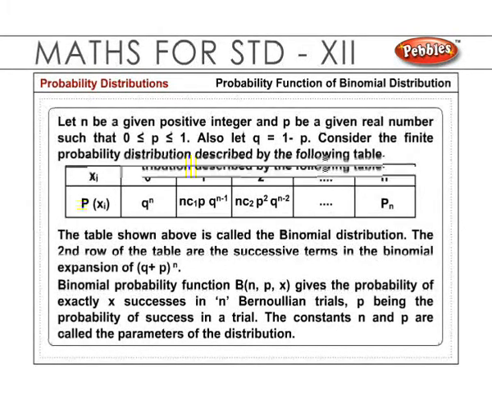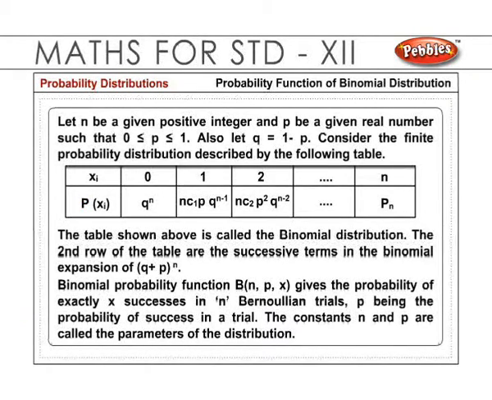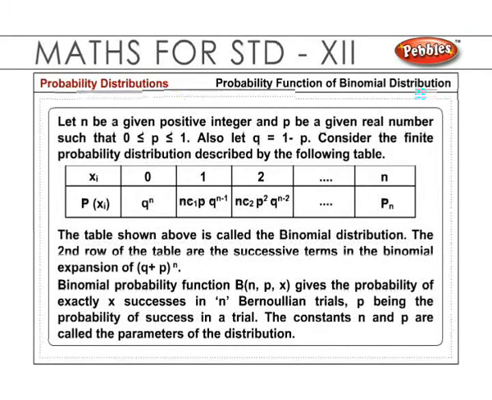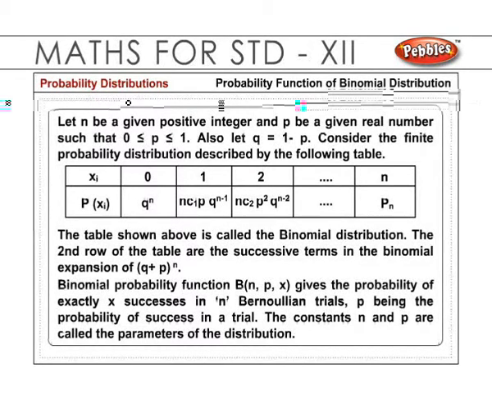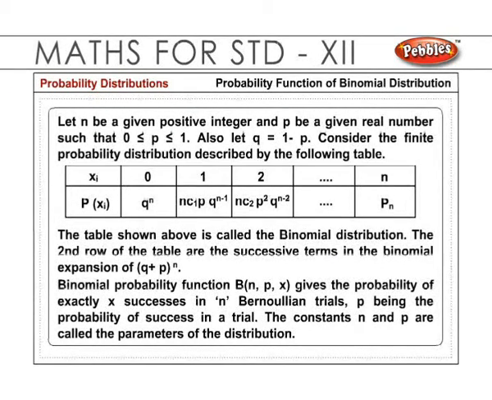The second row of the table are the successive terms of the binomial expansion of q plus p the whole to the power of n. Binomial probability function b of n comma p comma x gives the probability of exactly x successes in Bernoullian trials, p being the probability of success in a trial. The constants n and p are called the parameters of the distribution.